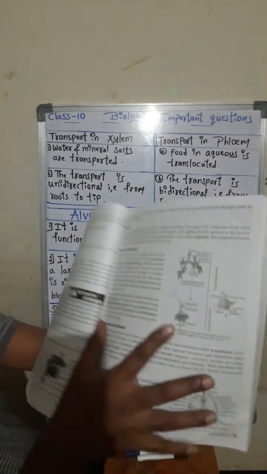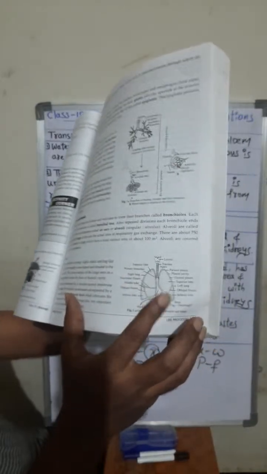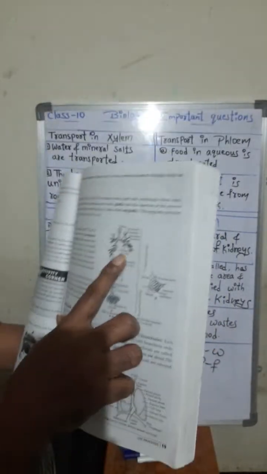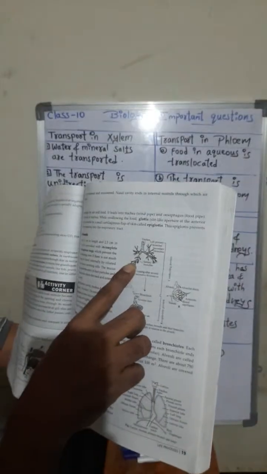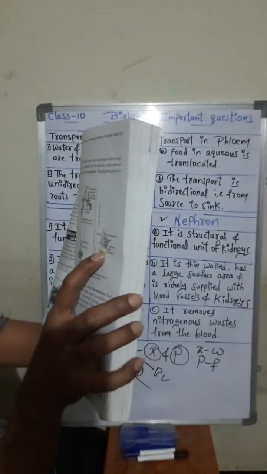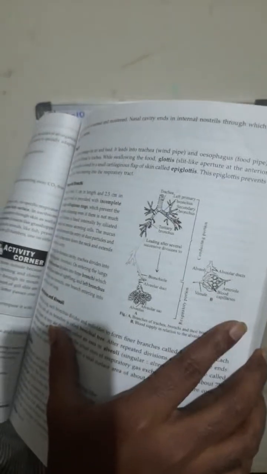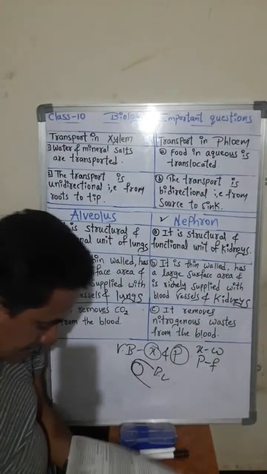These are alveoli present inside the lungs, attached to this. The alveoli are richly supplied with blood vessels. Blood capillaries are nothing but blood vessels.